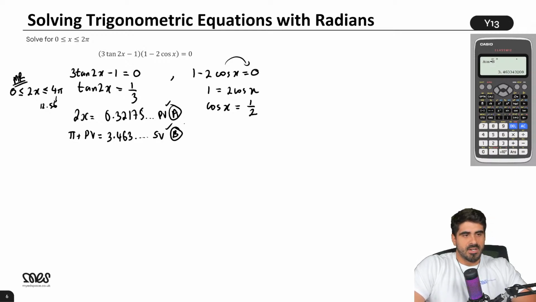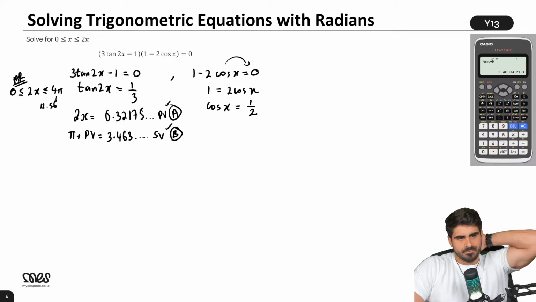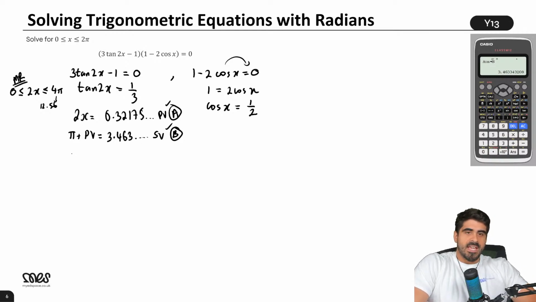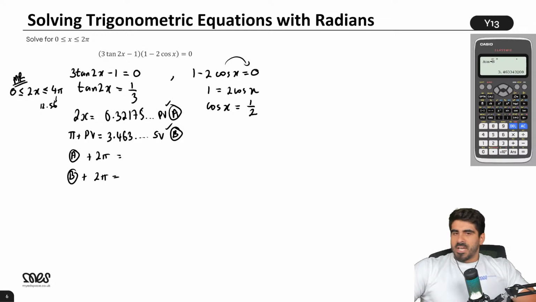These are both clearly in the range. Add 2 pi. Good. So we're going to do A and B, both of them. I'm going to add 2 pi to both of them. Okay, so we have A plus 2 pi.